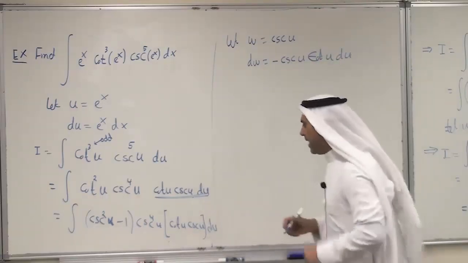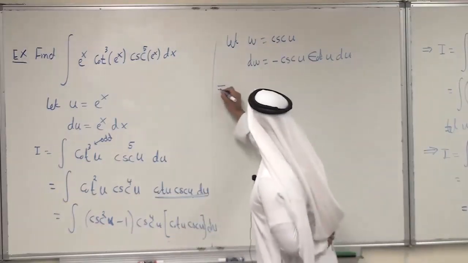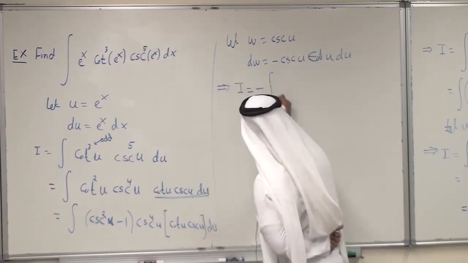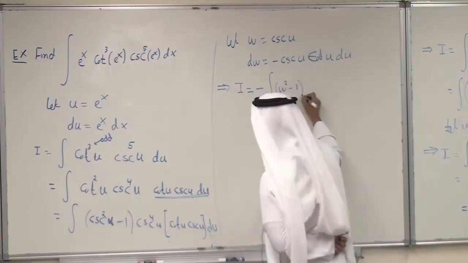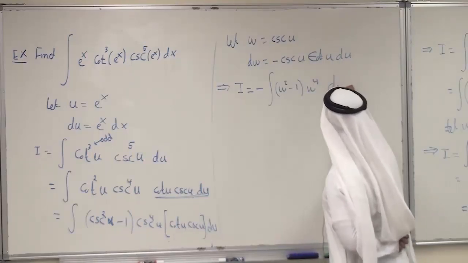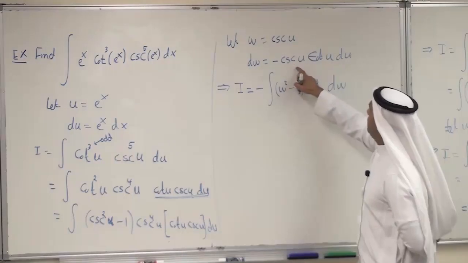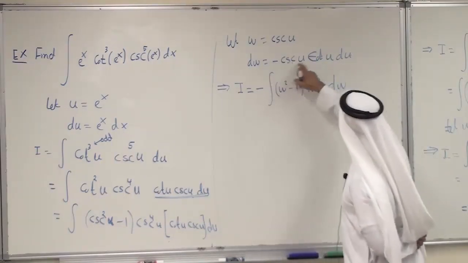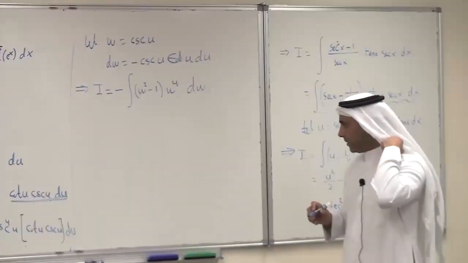I have cotangent and cosecant, so I'm left only with the minus sign. So our integral will be minus the integral of w squared minus 1 times w to the power 4 dw, because minus cosecant of u, cotangent of u, du is equal to dw.